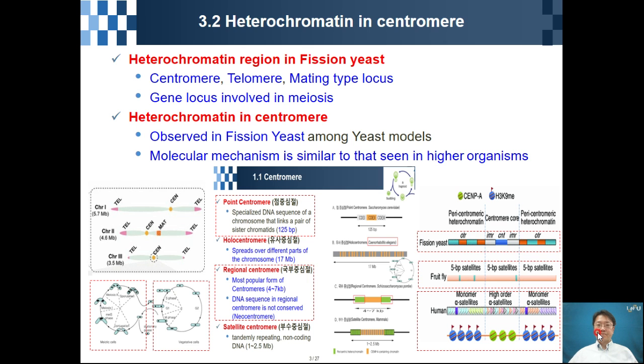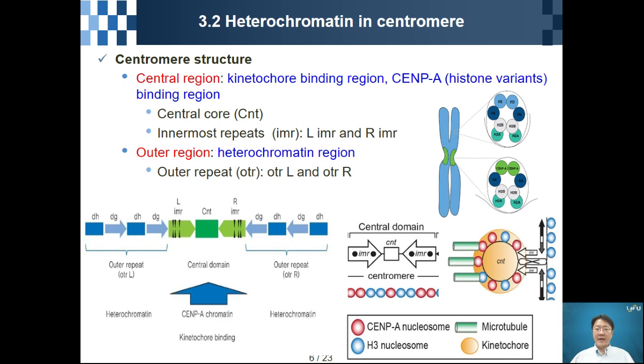Okay. So in this slide I will explain the centromere structure. The centromere is composed of the central region, or central domain, and also the outer region.